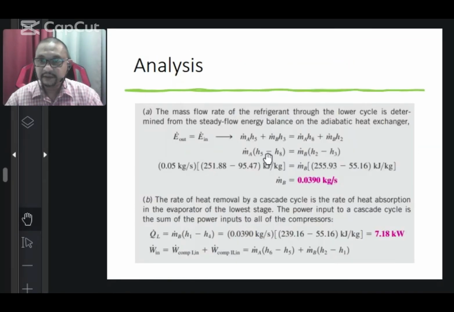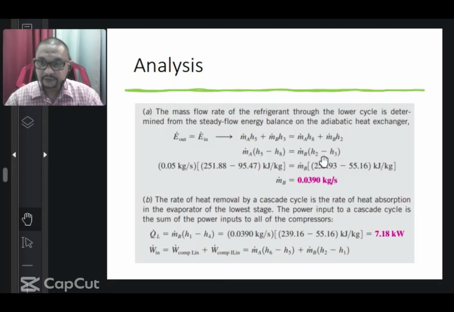So we take that formula, and from there, put in all the values: m dot A at cycle A, also h5, h8, and then m dot of cycle B, which we want to determine.